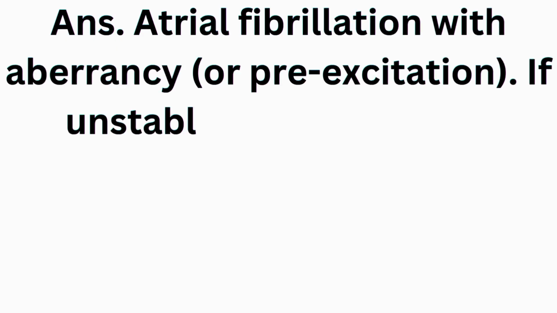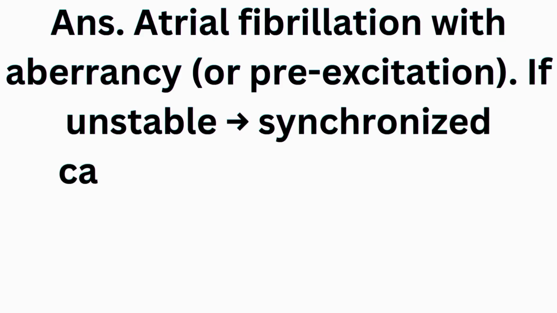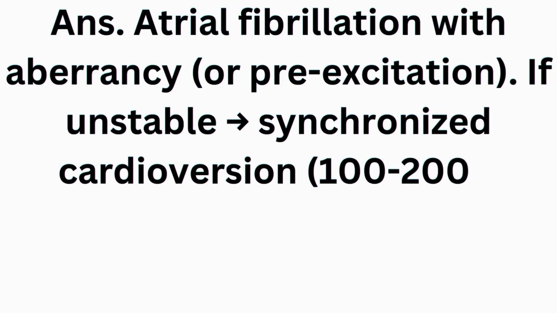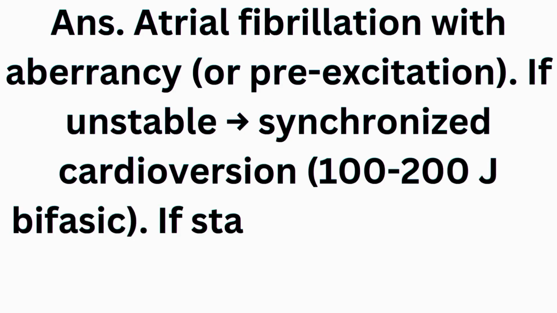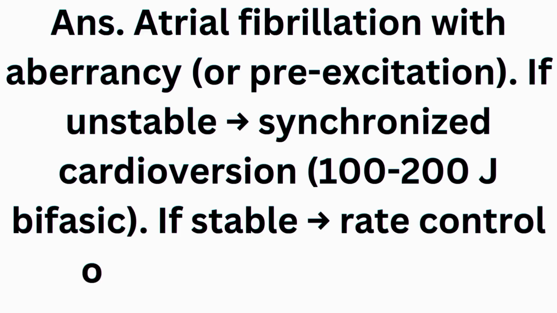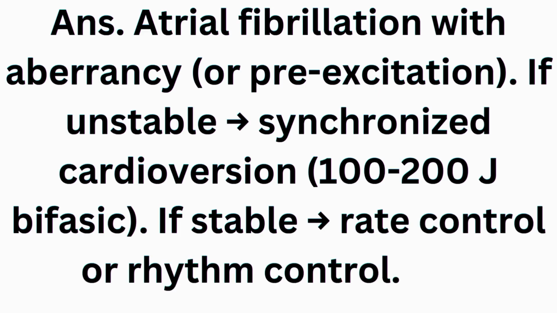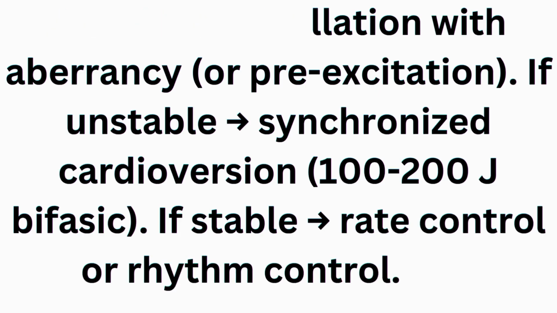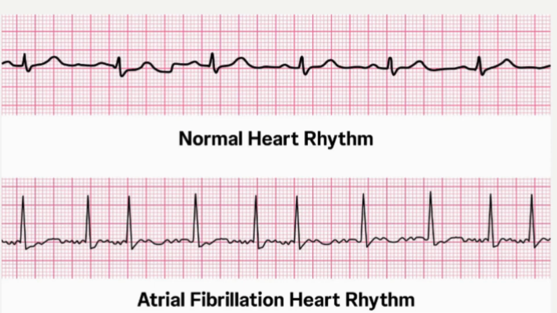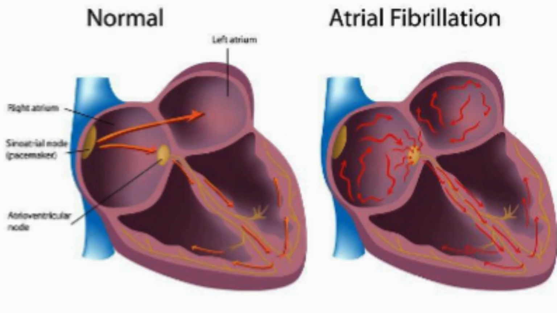The immediate treatment, if unstable, is synchronized cardioversion. But if stable, we do rate control or rhythm control. So when a patient has a wide and irregular rhythm, think AFib with aberrancy first. And please don't give adenosine because it can cause ventricular fibrillation if there is pre-excitation. And follow the treatment guideline.